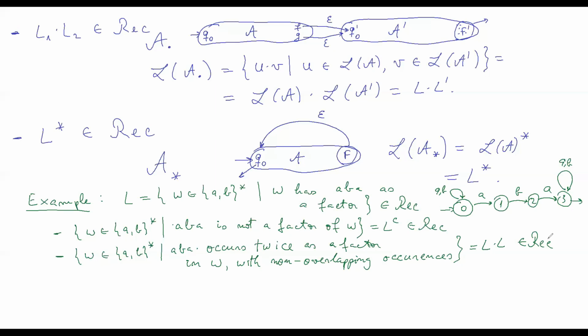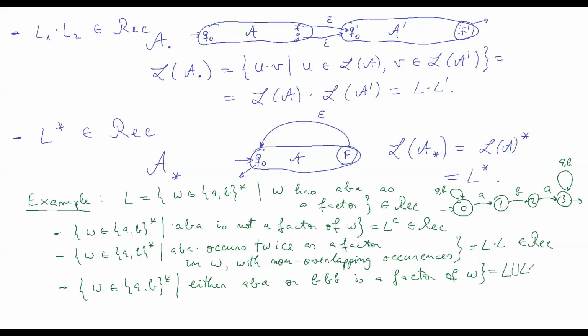Or you can also, for example, prove that if you take all these words in A, B star such that, you can say either ABA or BBB is a factor of W. This is the union of two very similar languages, one of them being the one with ABA as a factor, so the one that we had before, and this one being, in a very similar way, the set of words with BBB as a factor.